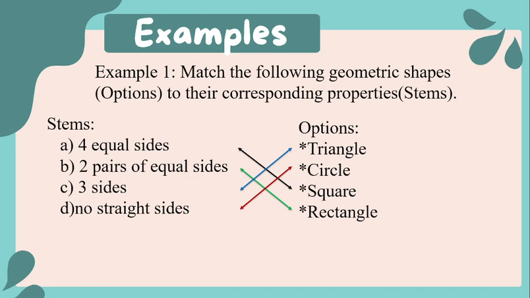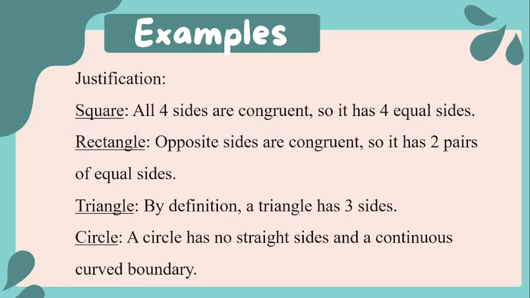And D, no straight sides match to circle. So after matching the following options and stems, we are now going to justify our answers, or why we match those stems and options in that way.